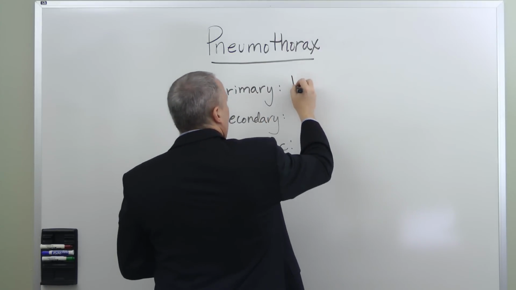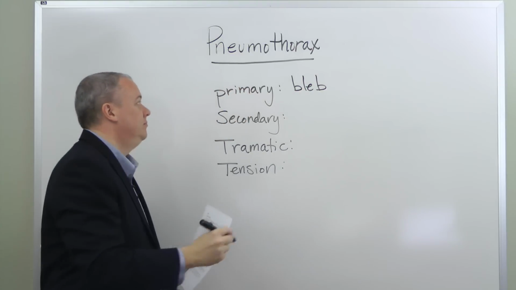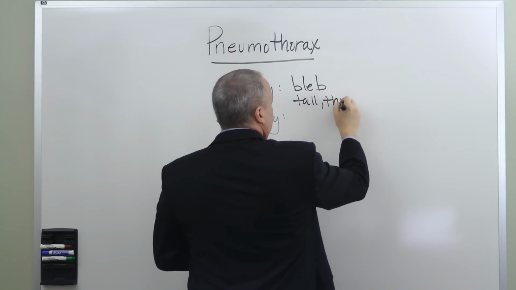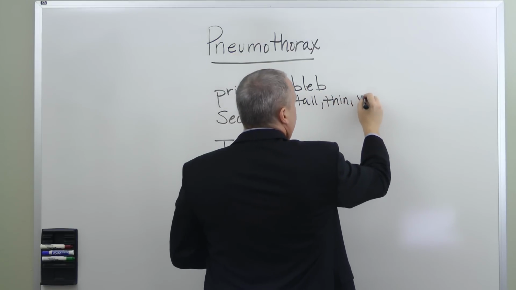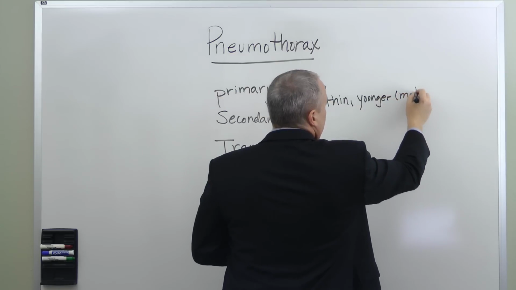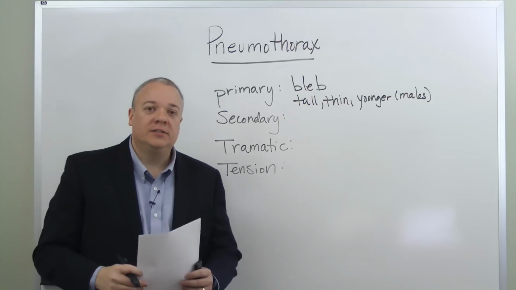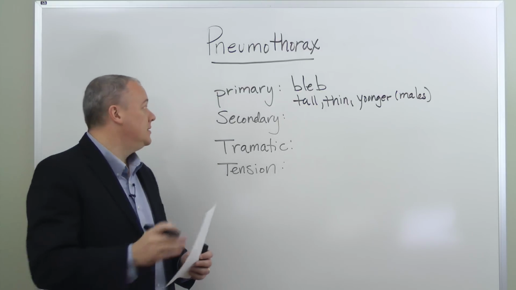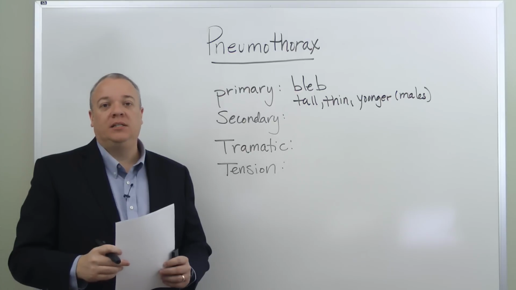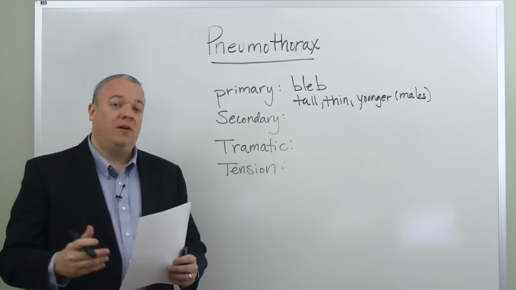So we'll put the word bleb up here, and realizing that it happens in tall, thin, younger people, usually males. So that's primary pneumothorax.